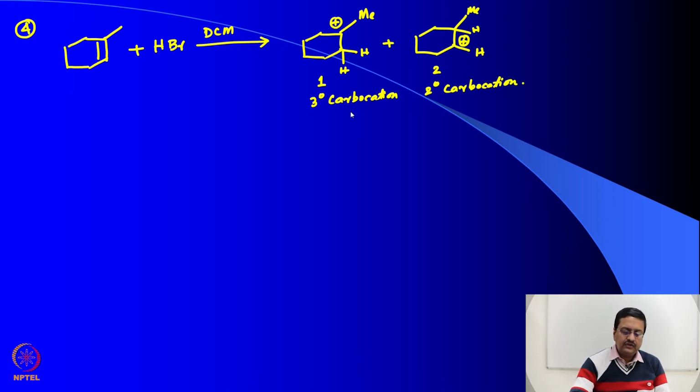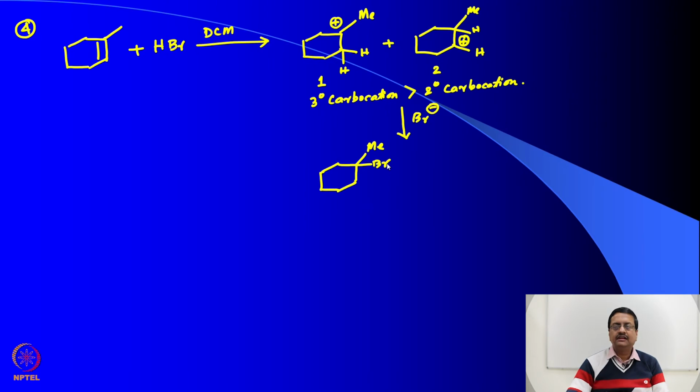Therefore, the 3-degree carbocation having higher stability than the 2-degree carbocation, when Br minus attacks, you will get a compound which is this one. No matter whether it is coming from up or down, it is not a chiral center.